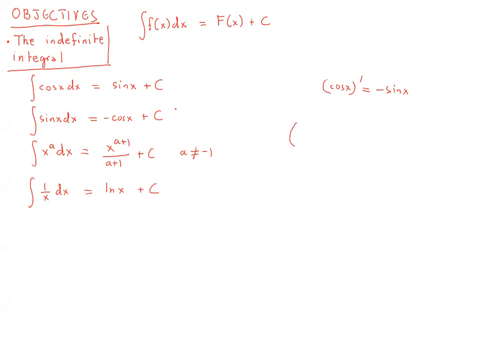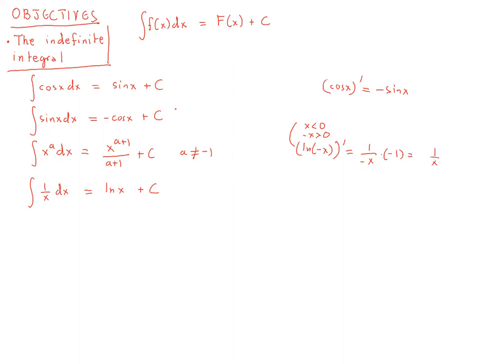So there's this little trick that if x is less than 0, then negative x is positive, and ln of negative x makes perfect sense, right? And if we take the derivative of ln of negative x, then what we find by the chain rule is 1 over negative x times -1, which is 1 over x.